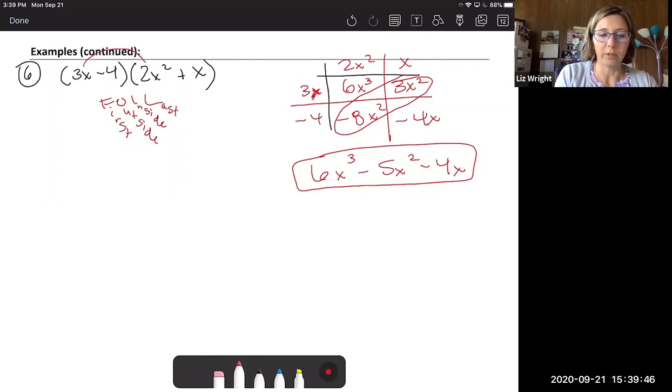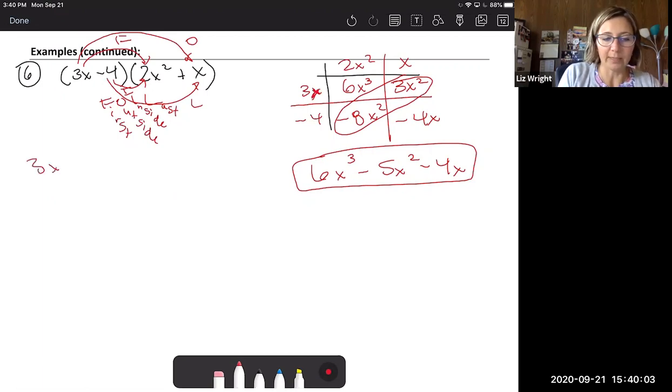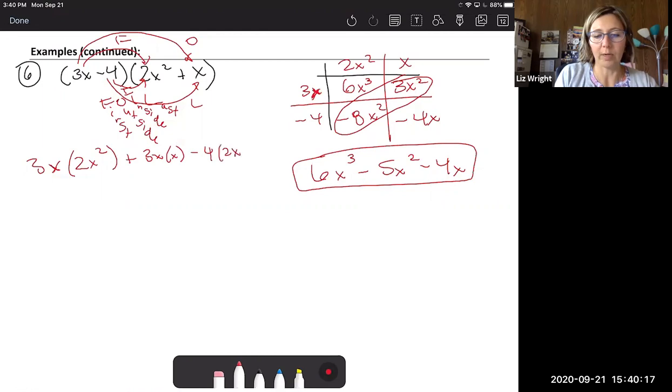So it's going to be first, which is F, and then outside, which is the O, and then the inside, which is this one, and then the last, which is the L. So anyway, if we did the first terms, we would have 3x, and this is me writing more work than I normally have you guys do, but it'd be 3x times 2x squared plus 3x times x minus 4 times 2x squared minus 4 times x.